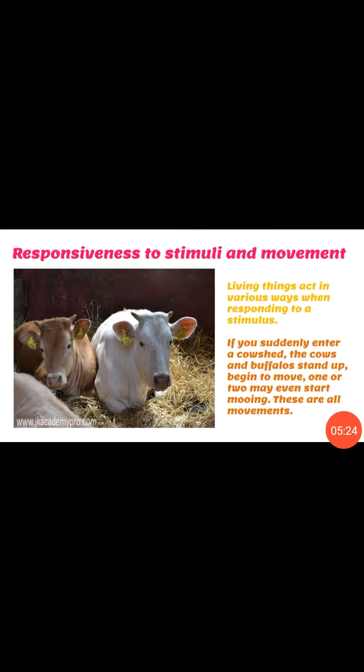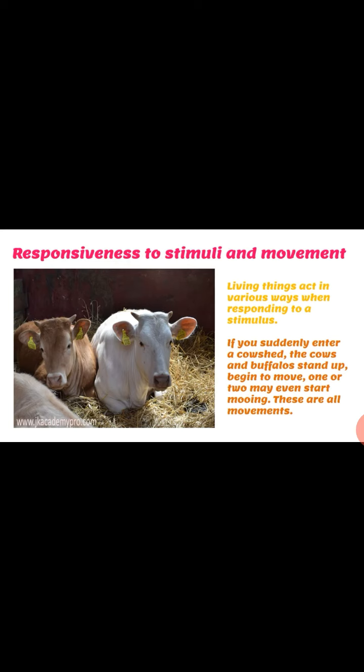So students, our next point is responsiveness to stimuli and movement. Okay students, animals and human beings can move from one place to another, but plants cannot. Plants can move, but they cannot go from one place to another.